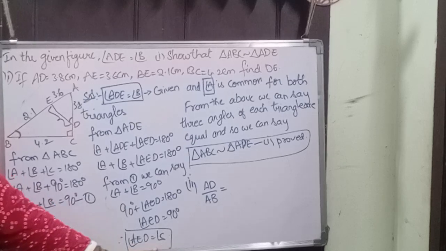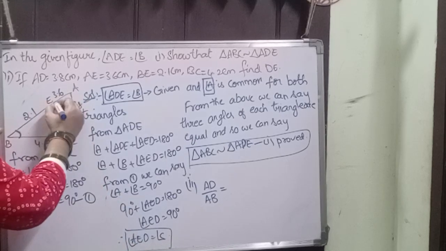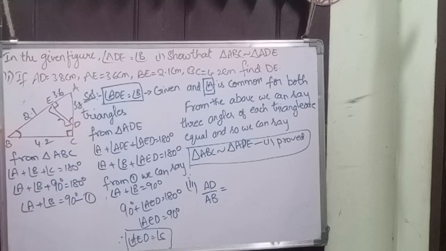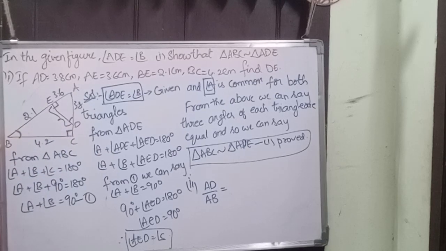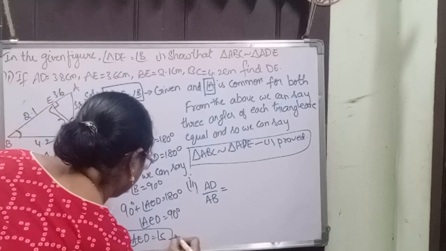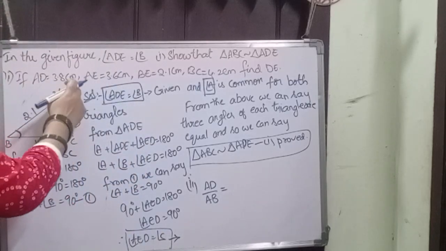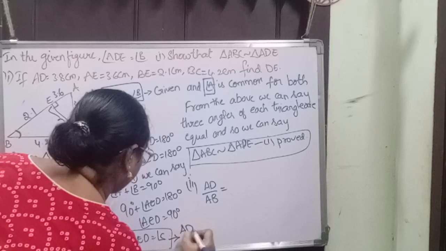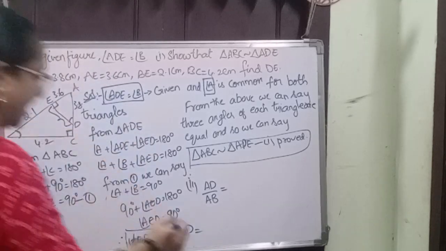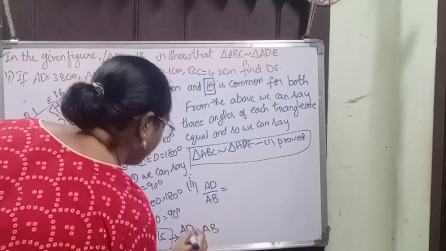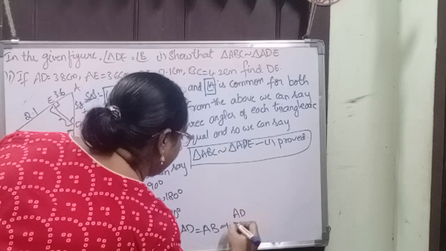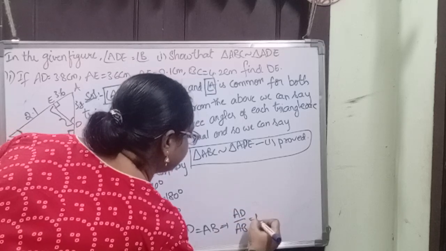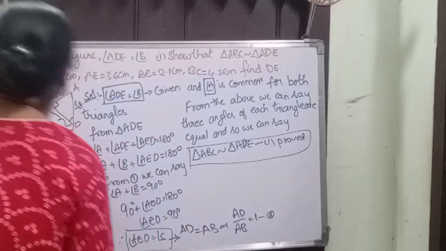AED equals angle C. This angle is equal to this angle, right? Then the sides opposite to the equal angles are also equal. For AED, the opposite side is AD, and for angle C, the opposite side is AB. Then this can be written as AD by AB equals 1. You take this as A.